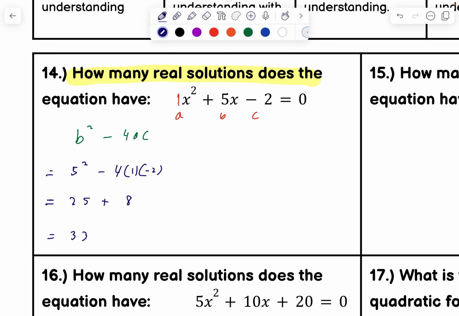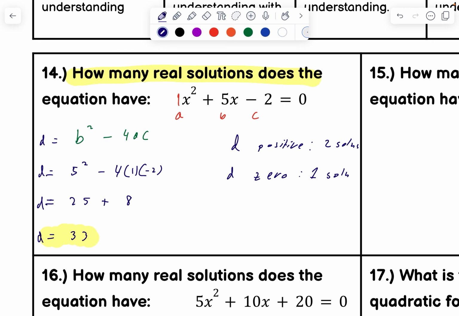With that done, I need to interpret that. If you remember, let me label the discriminant as D. If your discriminant is positive, that's going to give you 2 solutions. If your discriminant is 0, that's going to give you 1 solution.